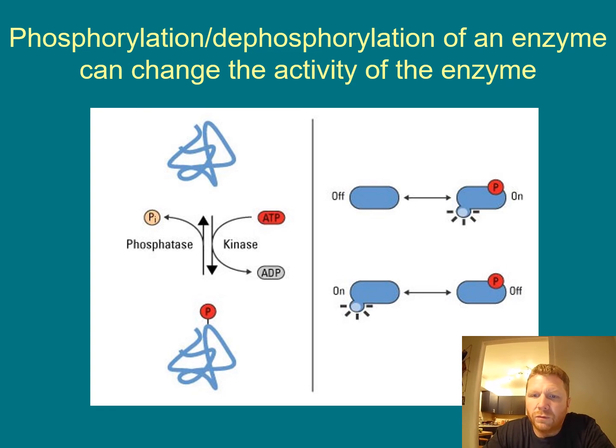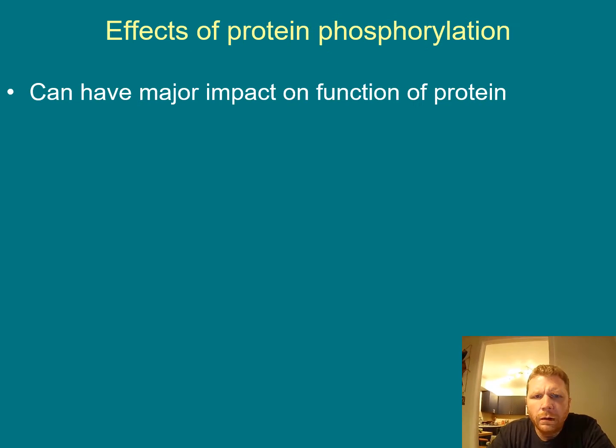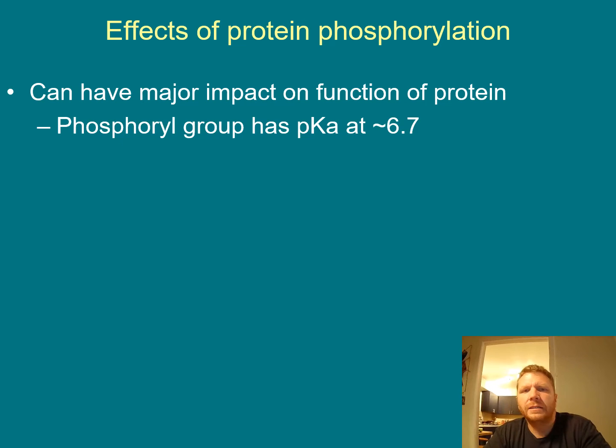In some cases, phosphorylation might mean that an enzyme is turned on. In some cases, it might mean that it's turned off. But the addition of that group is going to have an impact on the function of that enzyme. And you might think, well, why? The reason is that the phosphoryl group has a pKa of about 6.7. In addition, think about it from a spatial standpoint: you're replacing an OH with OPO3.